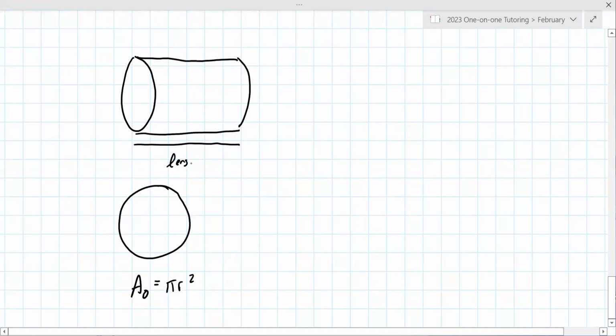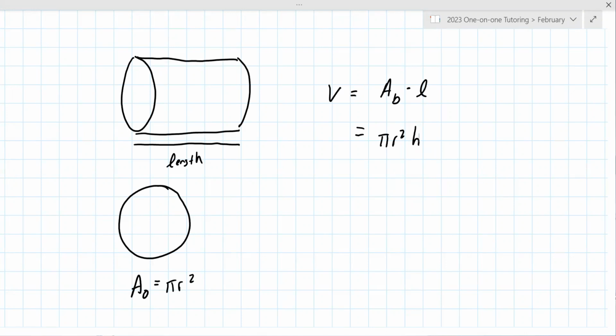So the volume is the area of the base times the length, but the area of the base is pi r squared. And often instead of L, they use H for that. When you look at something, I'll put one here in front of you in a moment.